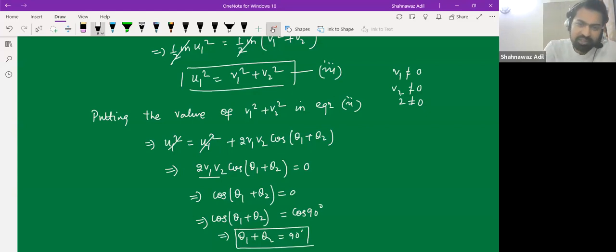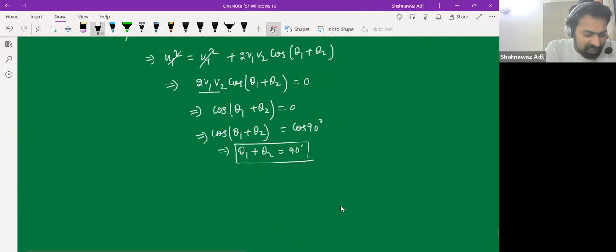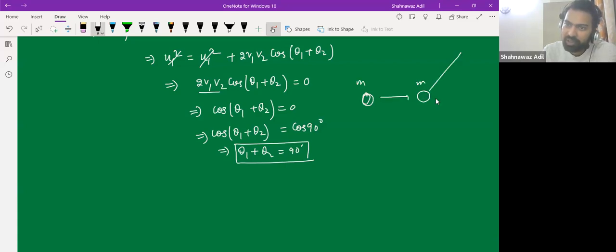Is this clear? From the figure, it was looking like it is going at 90 degrees. Let's say I draw this diagram: this is M and this is M, it strikes, and this one goes this way and this one goes that way.